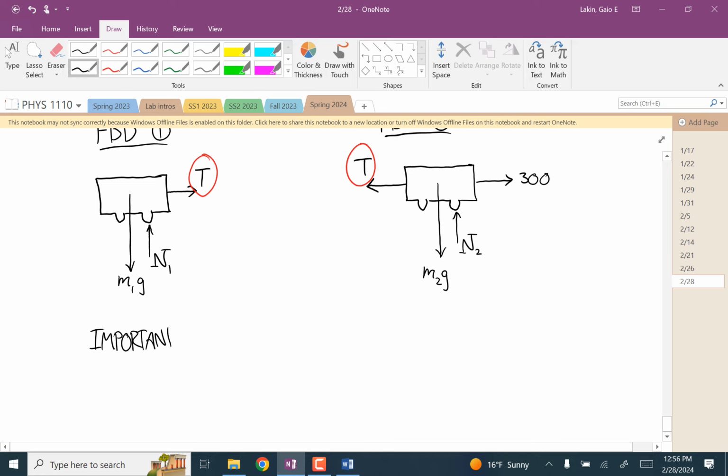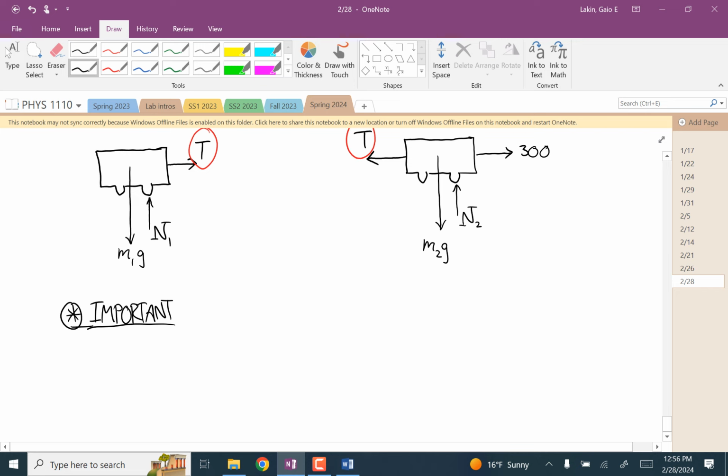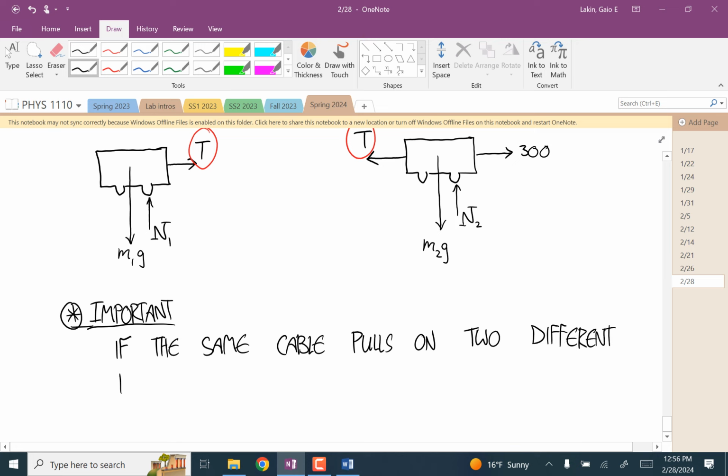So important: if the same cable pulls on two different bodies, the force magnitude is the same on both.